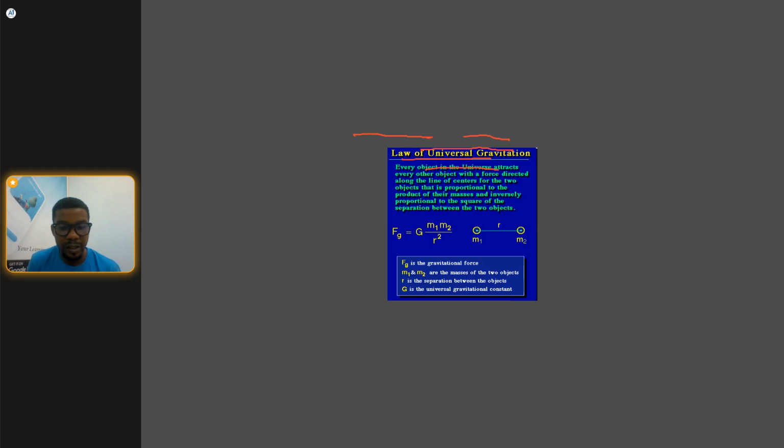So let's use this illustration. We have object 1 with its own mass as m1, object 2 with its own mass as m2. Now, there's a force of attraction that brings these two objects together. That force is what we call the gravitational force.